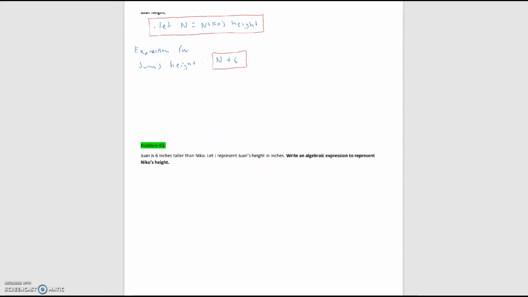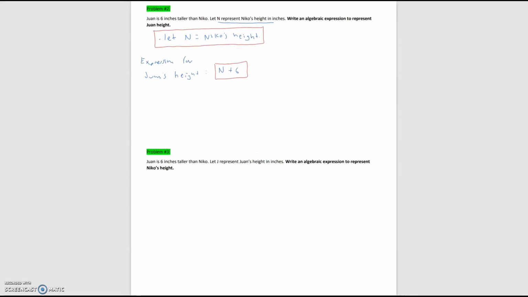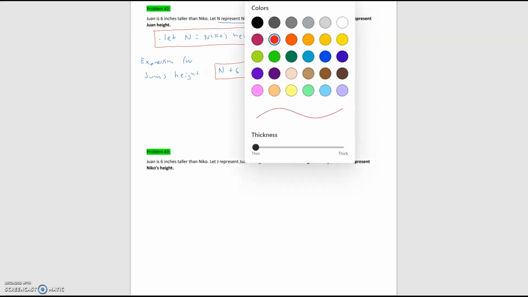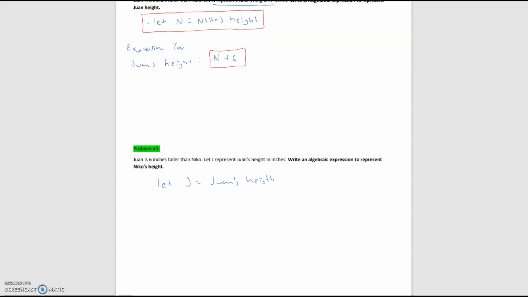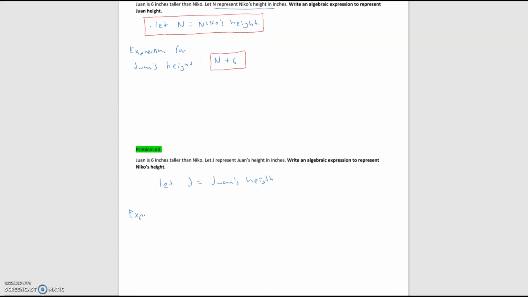Let's take a look at problem 3, which is pretty much the same scenario, but now it's going to be in terms of Nico's height. So in this case, we're just going to let j equal Juan's height. And then the expression for Nico's height is going to be as follows.